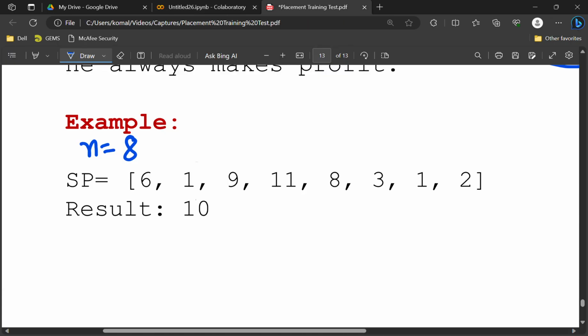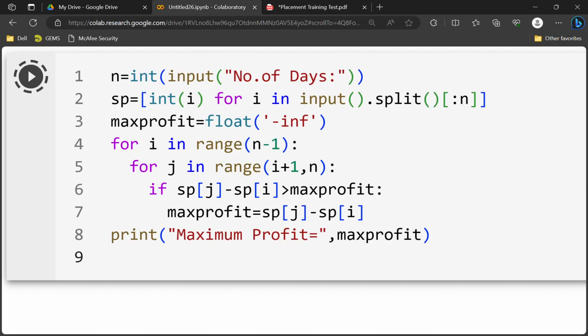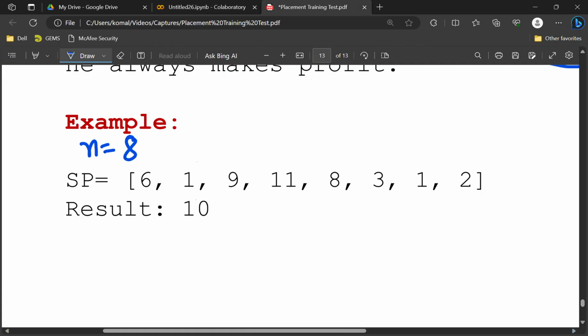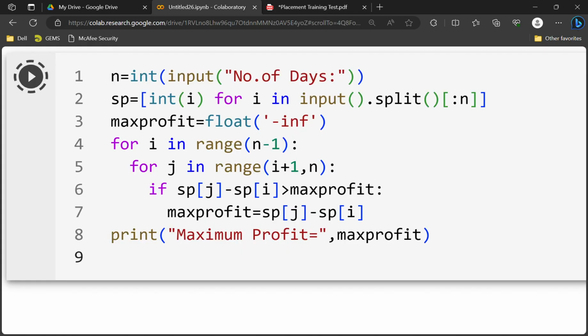The input is 6 1 9 1 1 8 3 1 2. Number of days is 8.